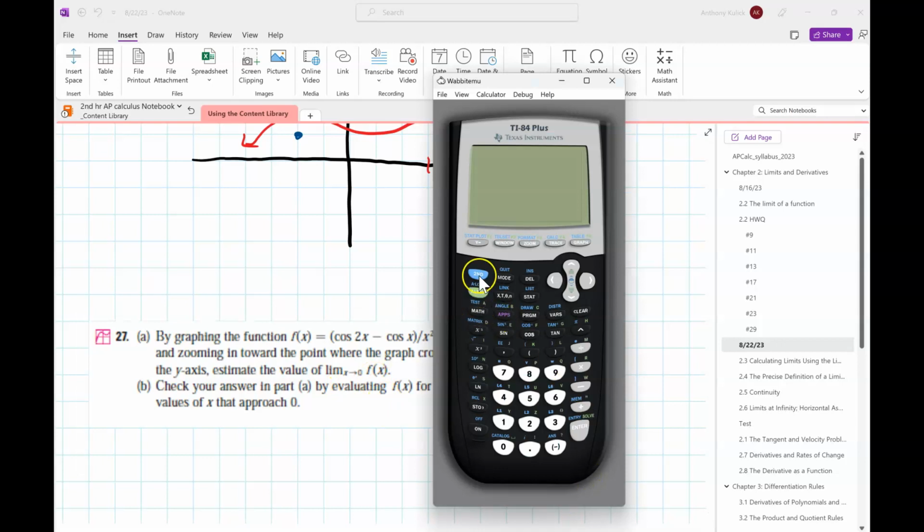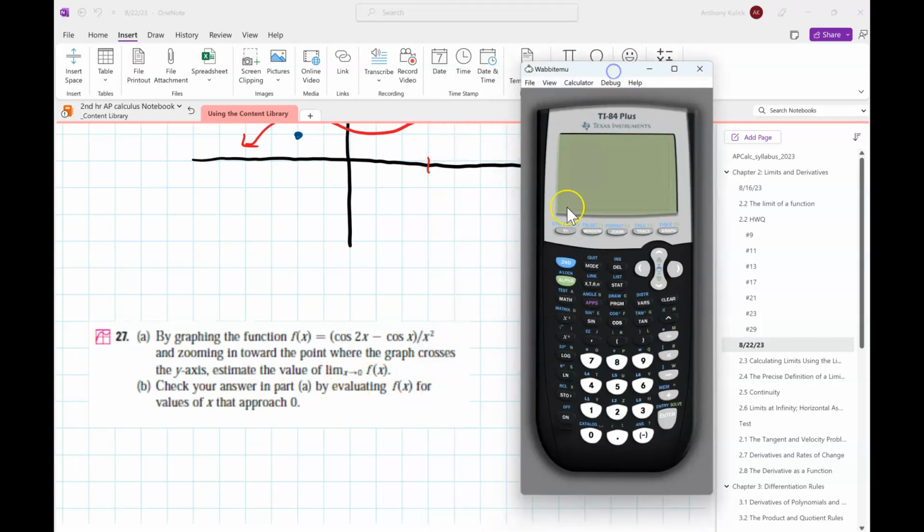Okay. So we'll get our calculator out and just follow the directions. I'm going to use the fraction command so I don't have to muck around quite so much with the parentheses there.